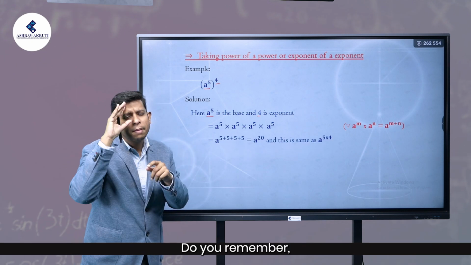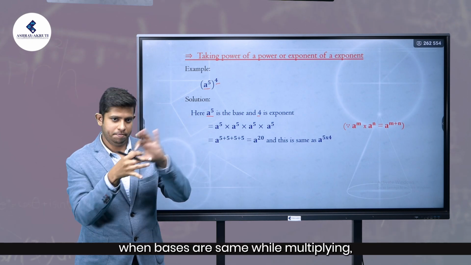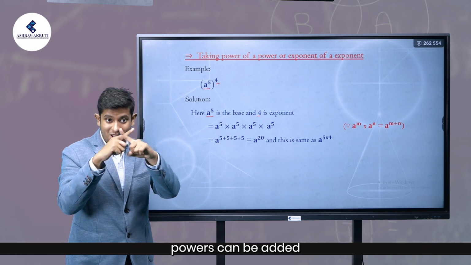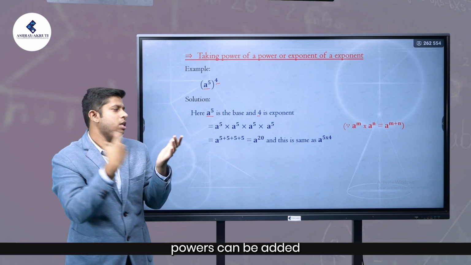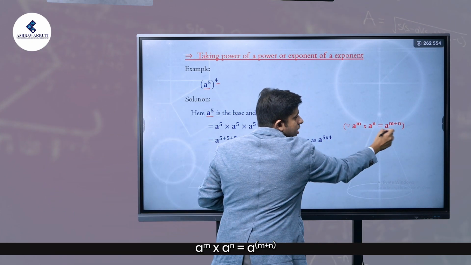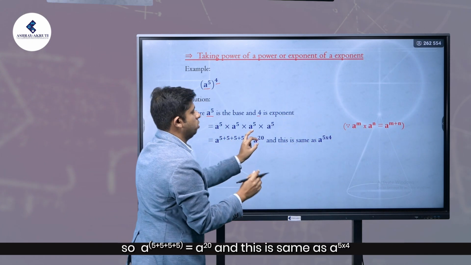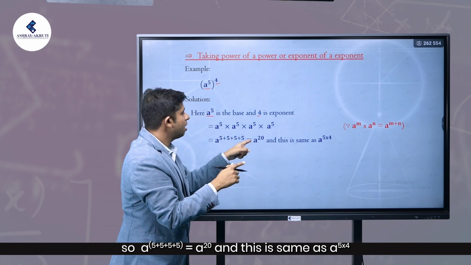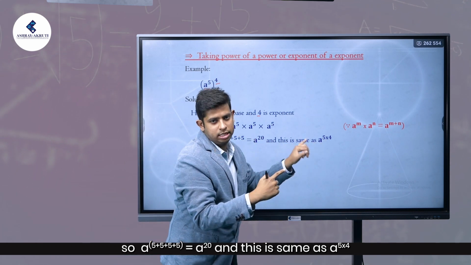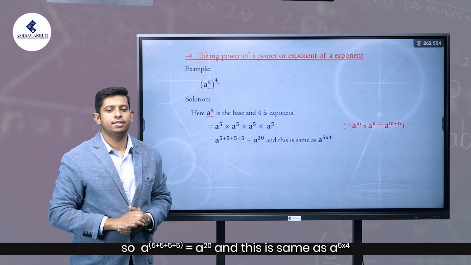Do you remember, before we have discussed when bases are same while multiplying, powers can be added. A to the power of m into a to the power of n is equal to a to the power of m plus n. So, a to the power of 5 plus 5 plus 5 plus 5 is equal to a to the power of 20, and this is same as a to the power of 5 into 4.